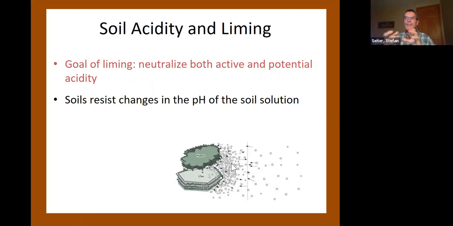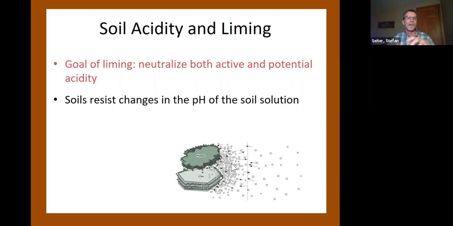And the soil has all of these negative charges on its surface, and the more it has, the more it resists that change of the pH with the liming. And we call that resistance to change buffering. And that buffering depends more or less on the surface area of the soil.